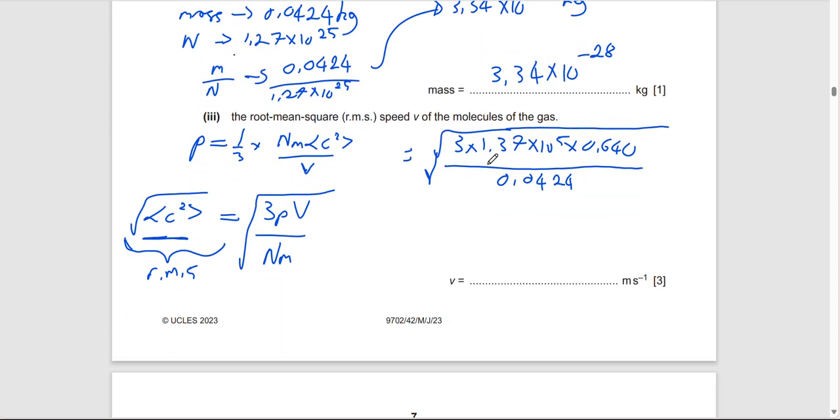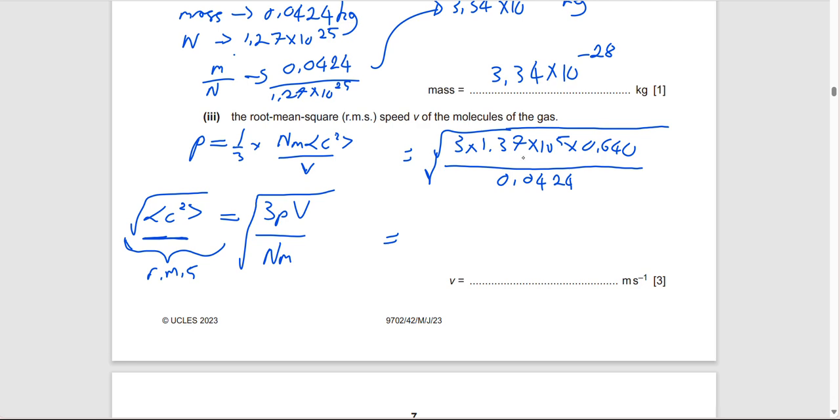All right, and then when we plug it into the calculator real quick, 3 times 1.37 by 10 to the 5 multiplied by 0.604. Okay, good. Then I'm going to put it to 3 significant figures. Remember the accuracy of my values.